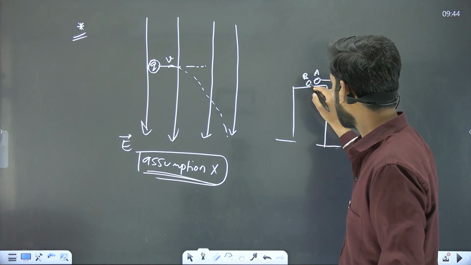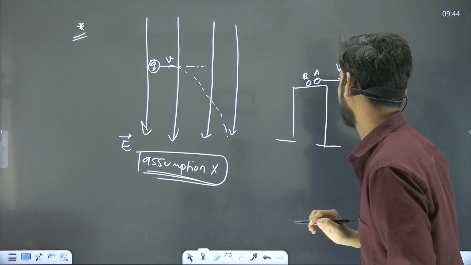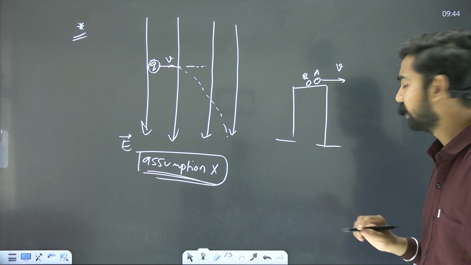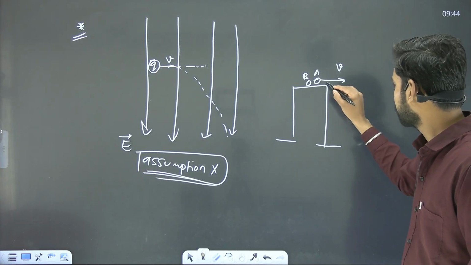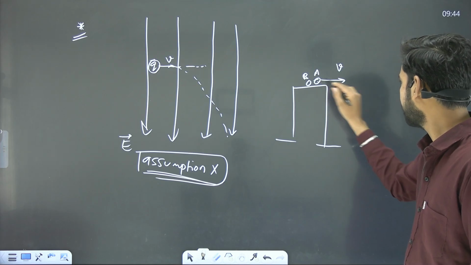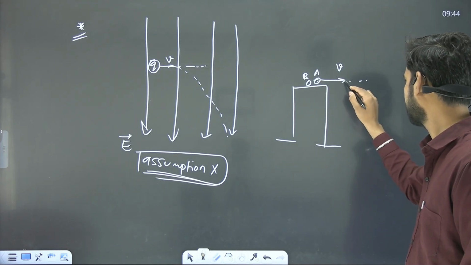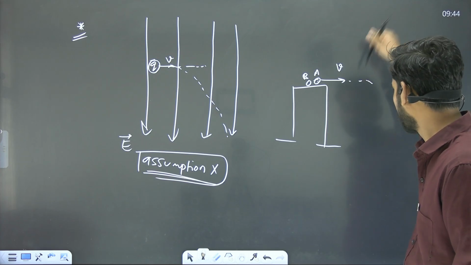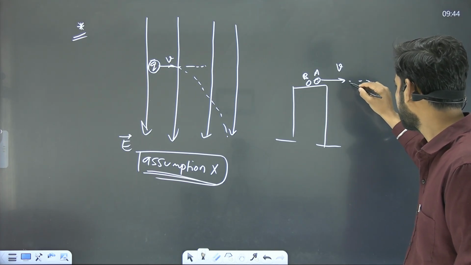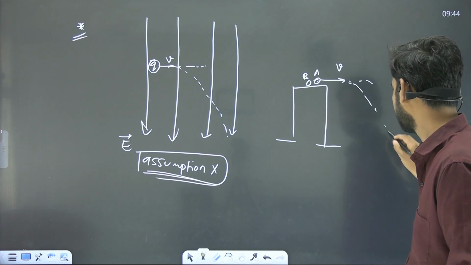And at the same time, I have not given any velocity to B. If I throw both of these balls, then A will follow this path, definitely. But due to gravity, it will simultaneously come down like this.